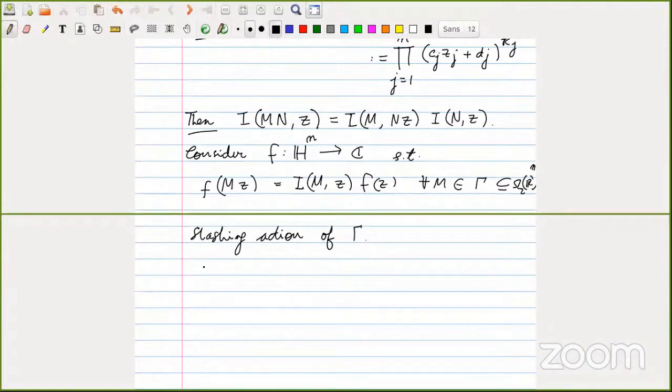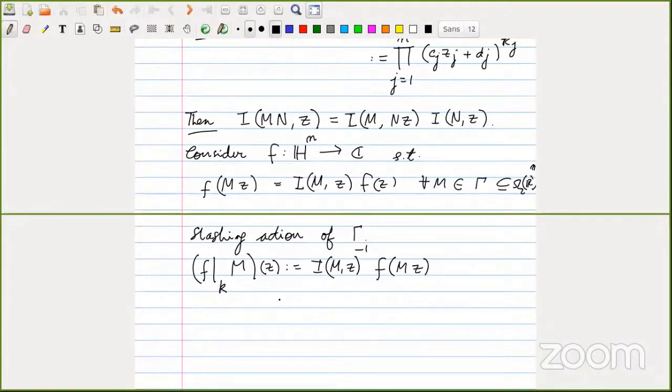Usually you denote this by f slash_k of M, Z. This will be equal to J of M, Z with an inverse here, the minus k is there inside, and then you have f of MZ.